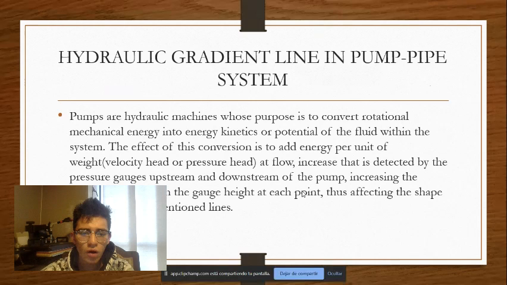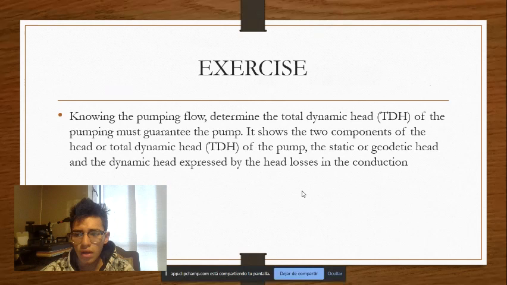The effect of this conversion is to add energy per unit weight, velocity head or pressure head, to the flow. This increase is detected by the pressures upstream and downstream of the pump. The increase in energy is reflected in the gauge height and head of the pump, thus affecting the shape and slope of the mentioned lines.